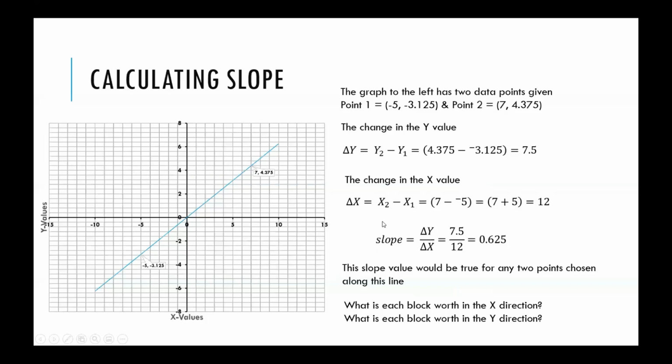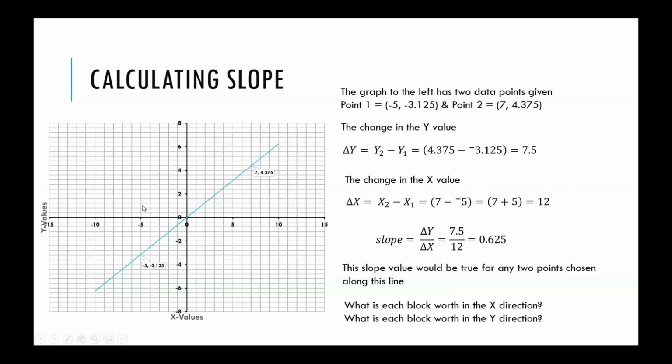The same can be done with the x value, where you have 7 minus -5, and that's a difference of 12, meaning from this data point to this data point, it is 12 units wide. Overall, the slope is change in y over change in x.